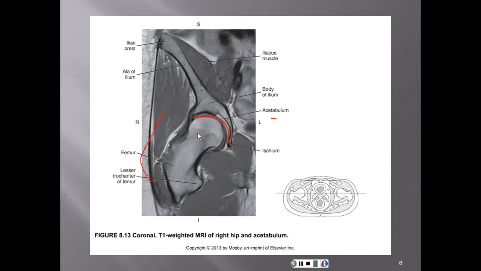So we have the femur and the lesser trochanter and the ilium. The lesser trochanter is an important landmark because it symbolizes where the symphysis pubis will lay, and the bottom portion of what is termed the abdominal cavity.